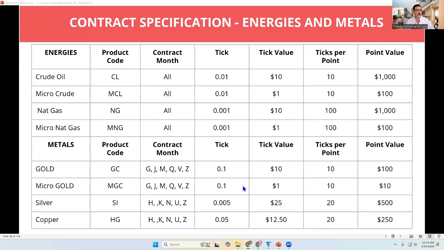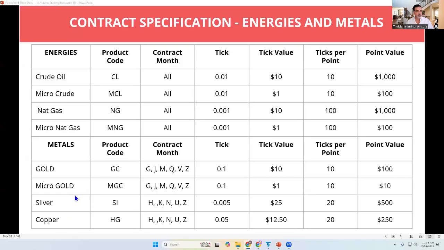When we look at crude oil, micro crude, nat gas, micro natural gas, we're looking at all contract months. So this must be a commodity, and gold, micro gold, silver, copper, and we also have mini silver, mini copper.